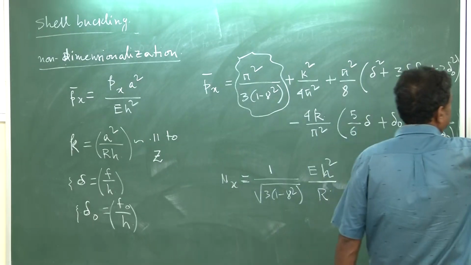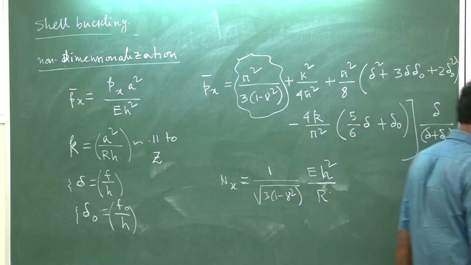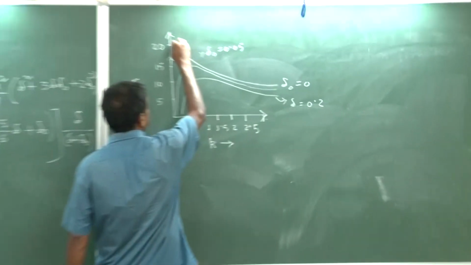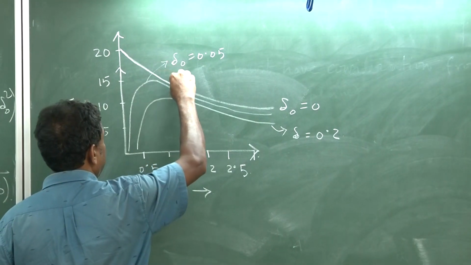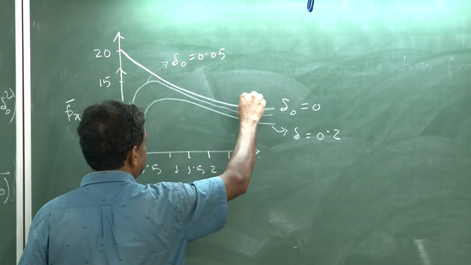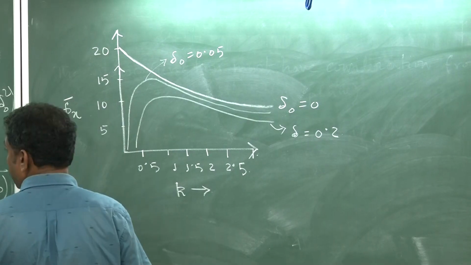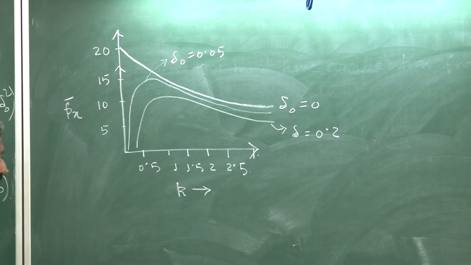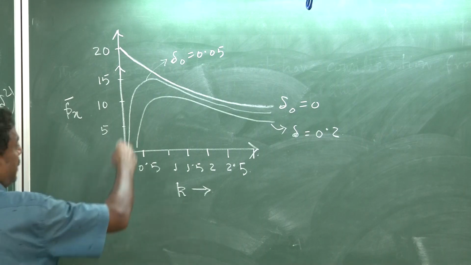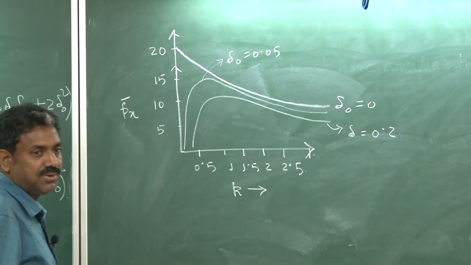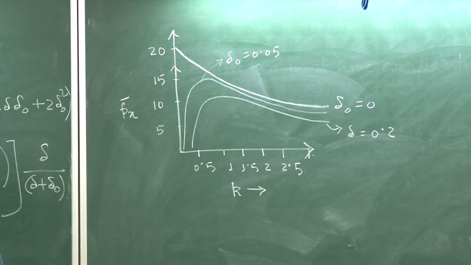With that, p bar I am plotting. So you see that if there are no imperfections, then you see what kind of plot you can see. Of course, as you increase k, k meaning some kind of slenderness measure, it will decay, right? The way a column decays with increasing slenderness ratio, similarly.